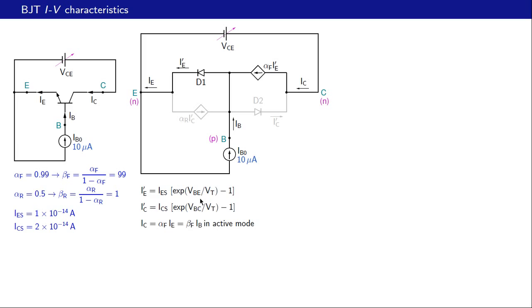VE is known, 0 volts. VBC is equal to VB minus VC. VC is known, 1 volt, and therefore IE prime and IC prime can be written in terms of VB.